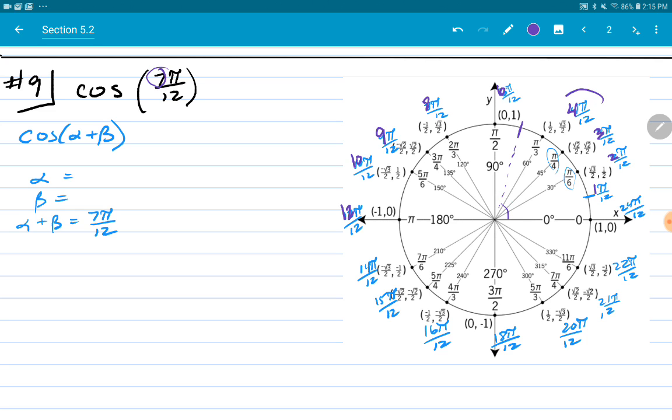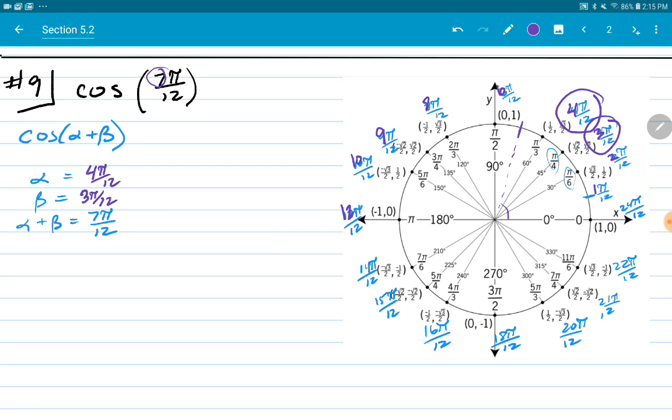But if I add 4 pi 12ths plus 3 pi 12ths, that sum equals 7 pi 12ths. So if I let alpha be 4 pi 12ths and beta be 3 pi 12ths, then when I add them together, I get 7 pi 12ths. So that's the trick to finding what to add together to get this exact value.